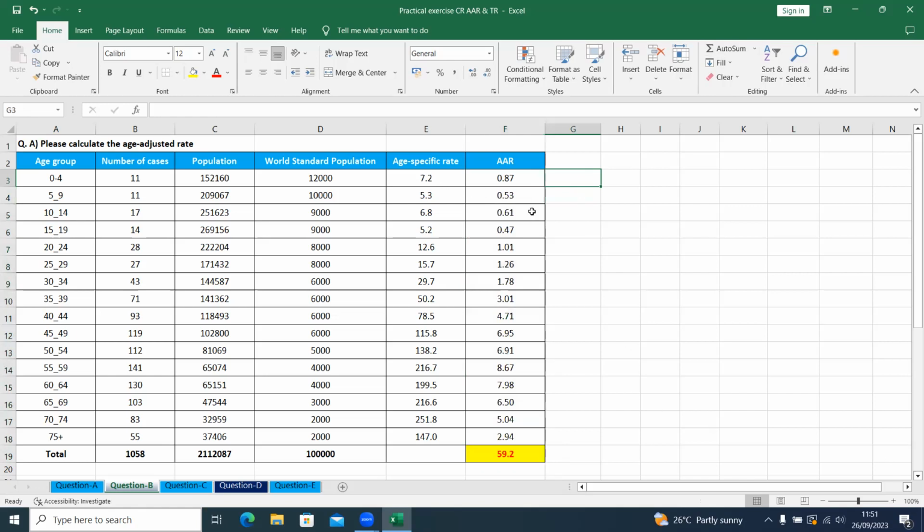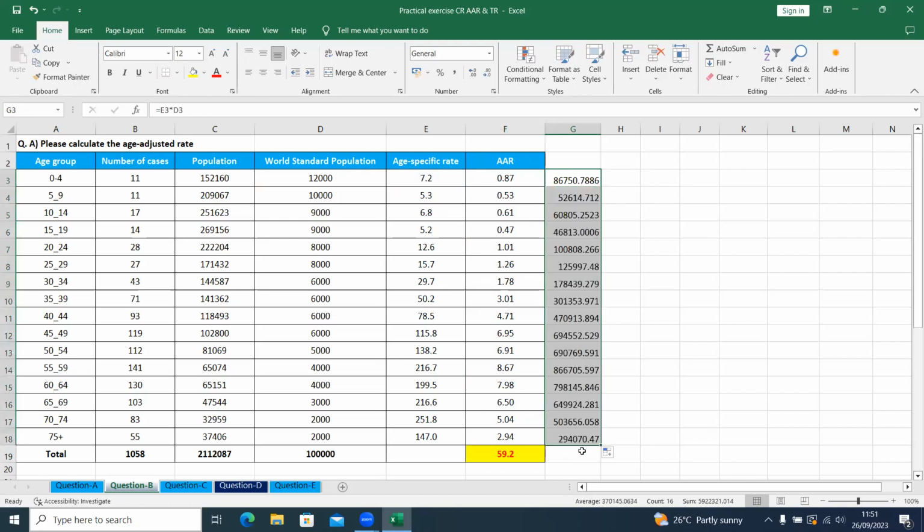Here the question is age specific rate into world standard population. Just press enter and add it, and then divide by 100,000.